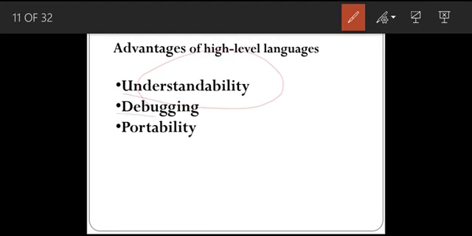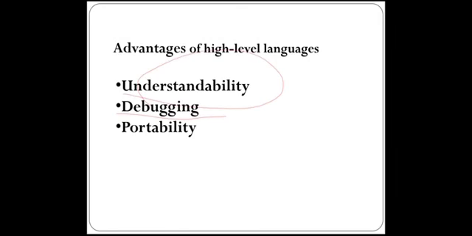Next is debugging. We can find and remove errors in a program written using a high-level language. It is very difficult to find errors in machine language and assembly language because those languages are difficult to understand. Next is portability. They are not machine dependent; they are machine independent.